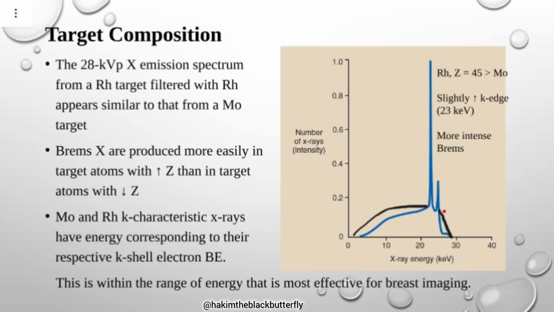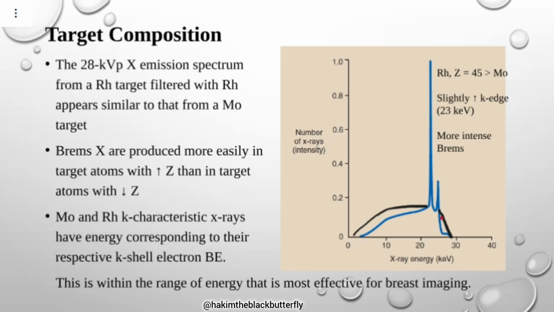With rhodium, the suppression is at about 23, 24 kilo electron volts. This is responsible for imaging thick breasts that need an energy range between 20 to 24 kilo electron volts. So there we use rhodium as a filter.